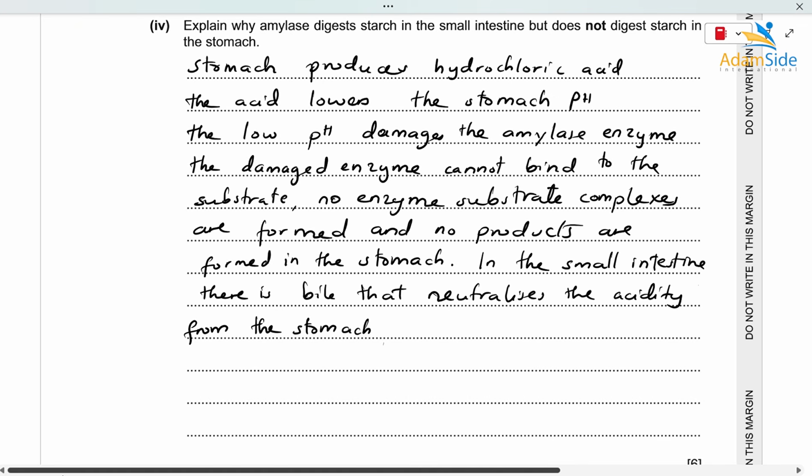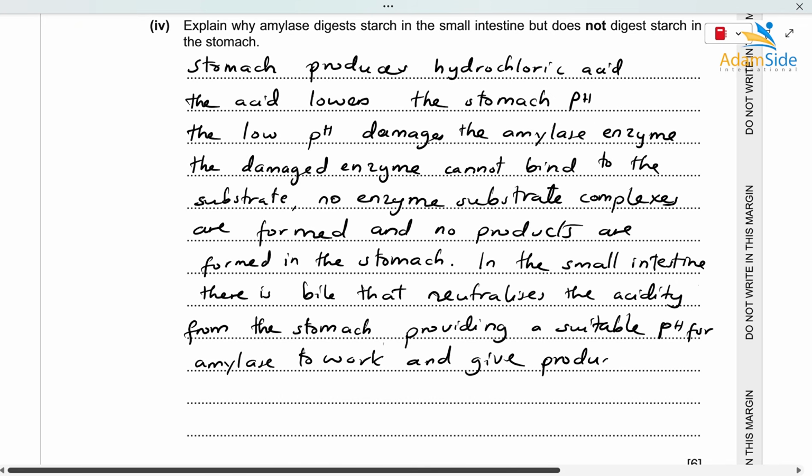It provides a suitable pH for the enzyme amylase to work and give products, where, as we know, the product is going to be glucose from the digestion of carbohydrates, or maltose.